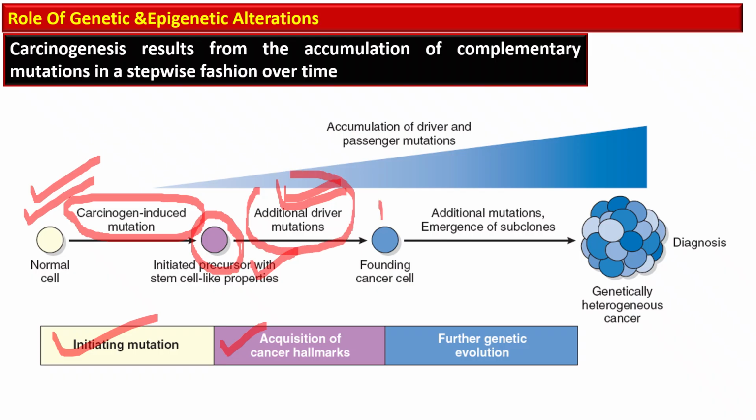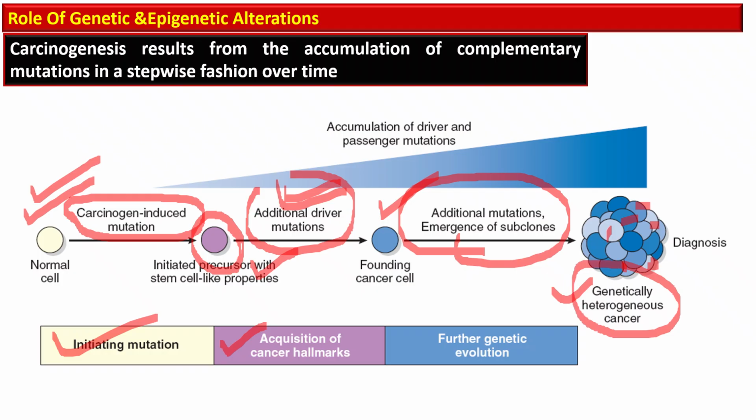So a cancer cell is formed, and due to additional mutations that occur, there may be development of subclones within the tumor, and many mutations accumulate, and they give this tumor a genetically heterogeneous characteristic.